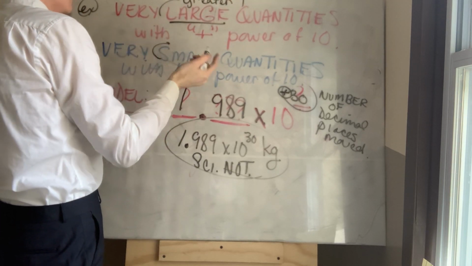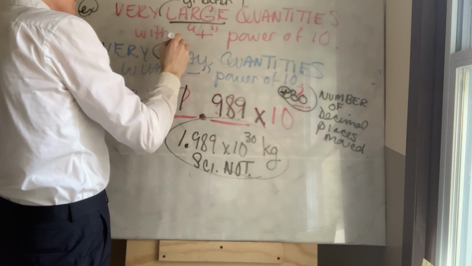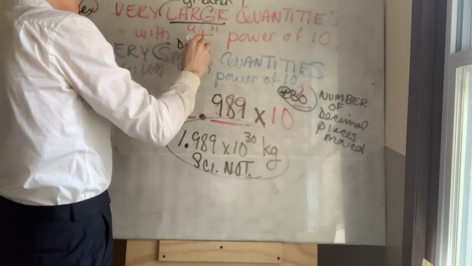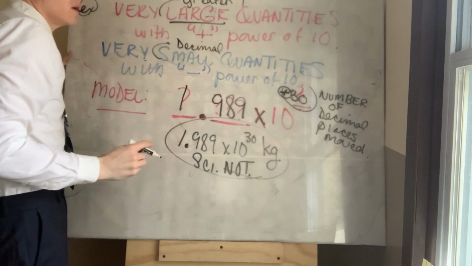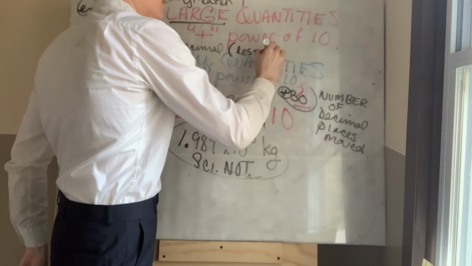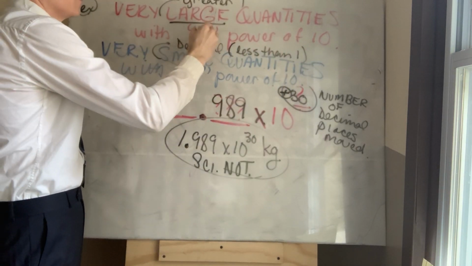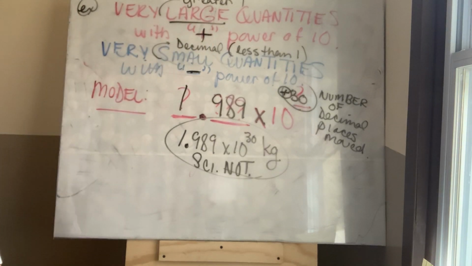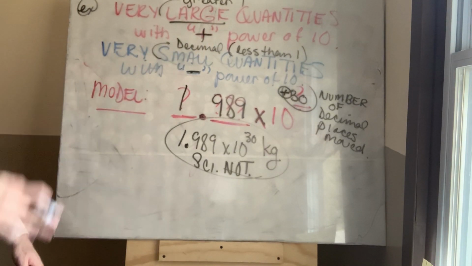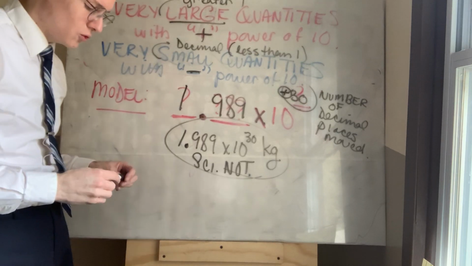Small as in tenths place, like a decimal, less than 1, as having a negative exponent versus a positive. Large positive power of 10, small negative power of 10. Let's do a negative.